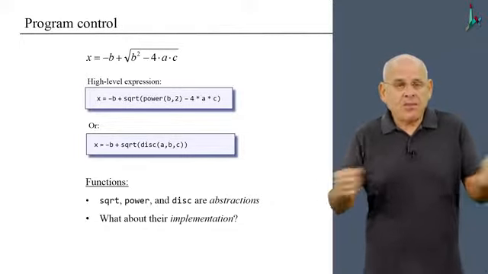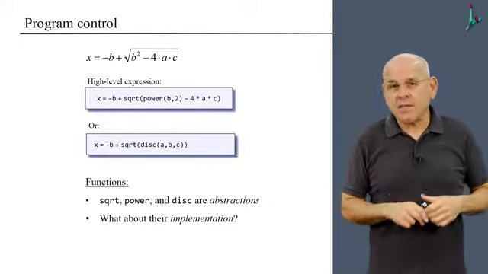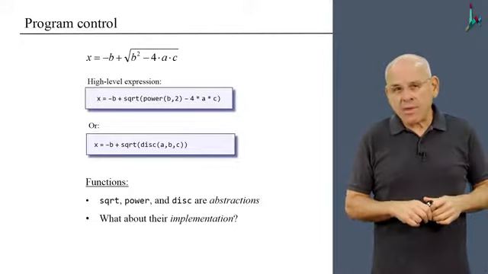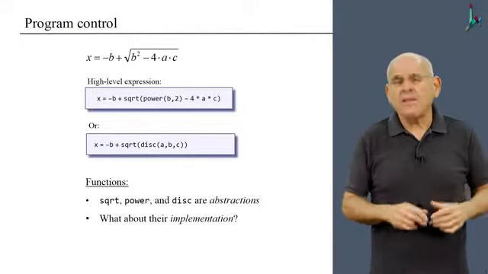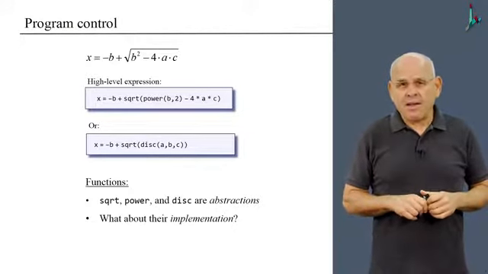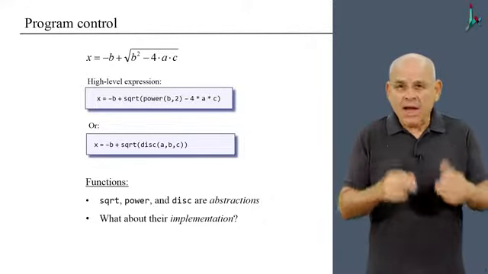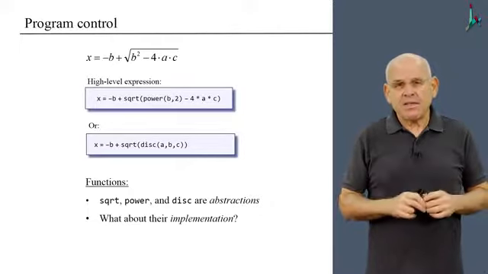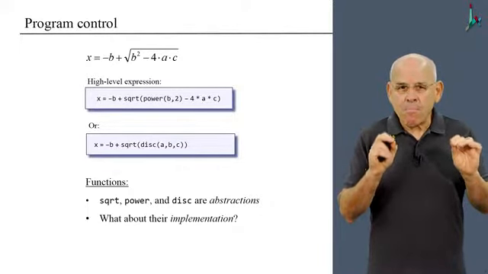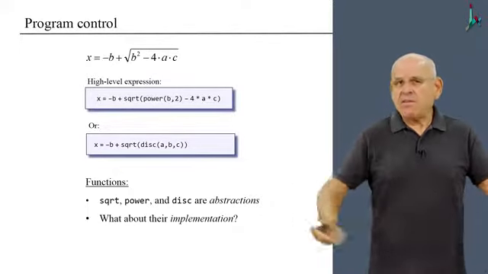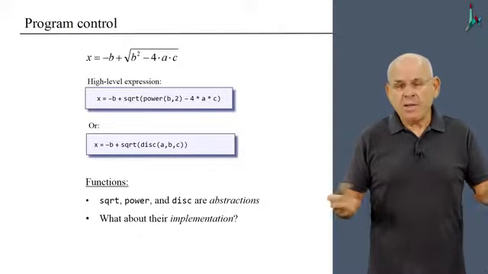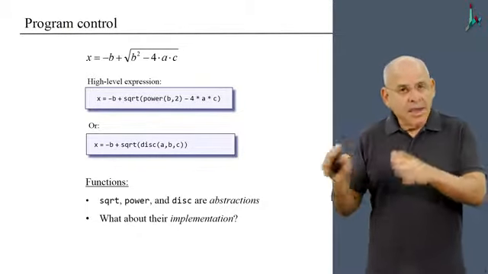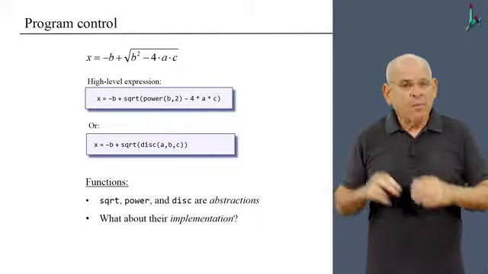I mean, it's very nice to write disc and put parentheses and assume that someone will deliver this computation, but who will, at the end of the line, provide this, realize this function? Well, the beauty of this practice is that it doesn't really matter. I can invent new abstractions at will and assume that at some point someone will implement them.